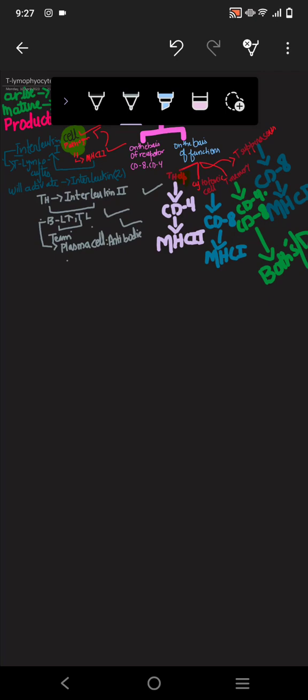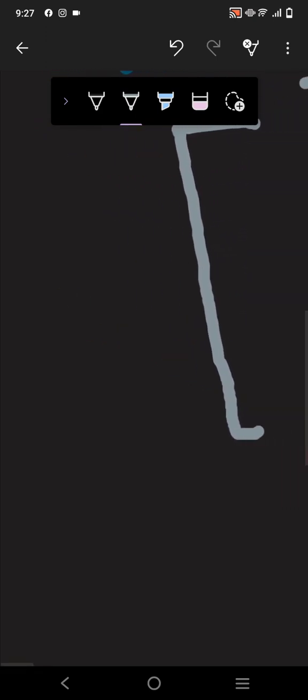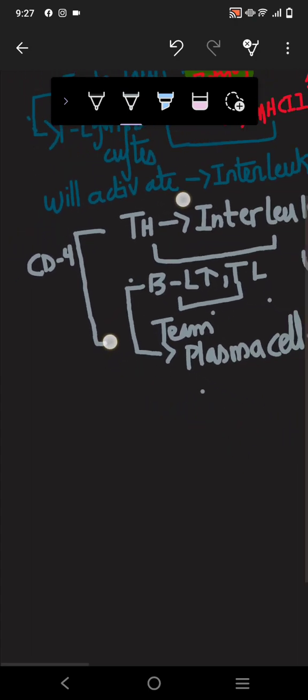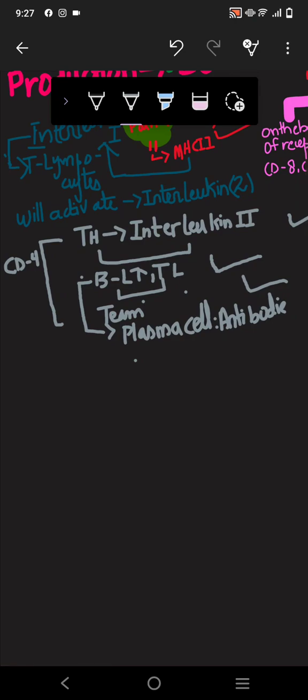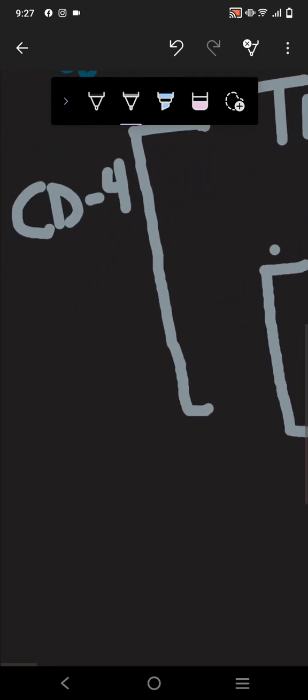Okay, so now this was all about the CD4 receptors. As we have discussed, the T helper cells are attached with the CD4 receptor.